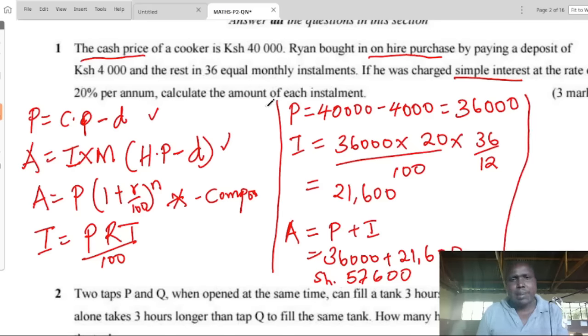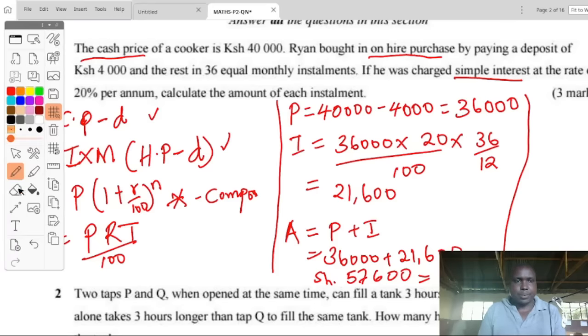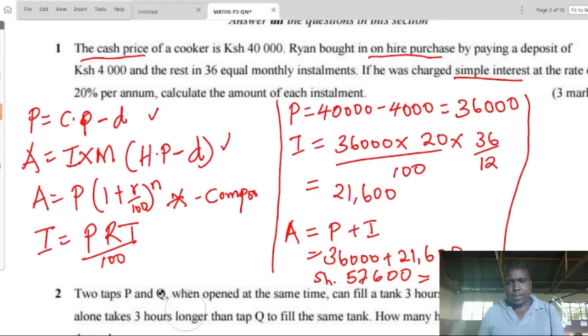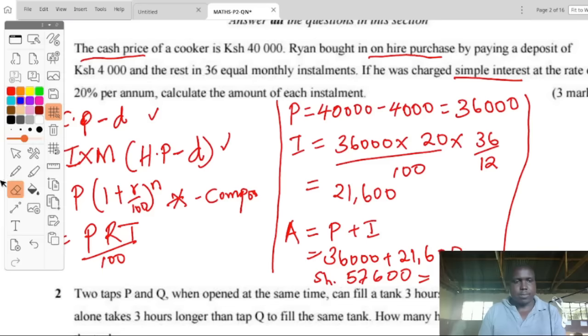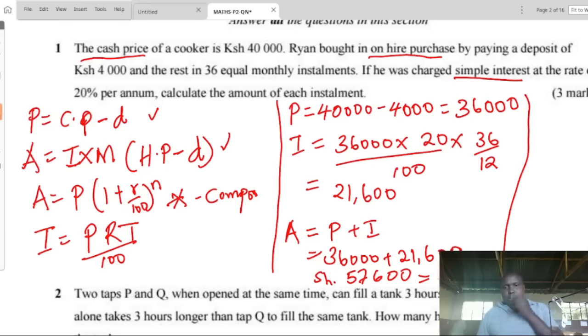But the question was to calculate the amount for each installment. We want the amount for each installment. This total amount is equal to monthly installment times the number of months.